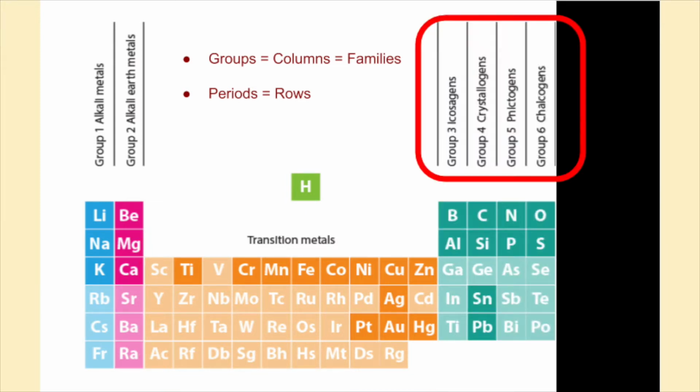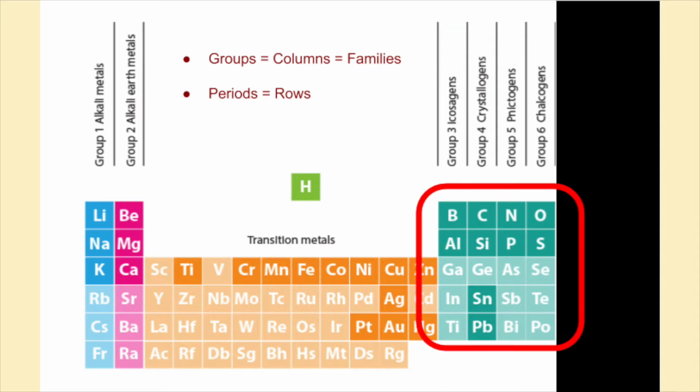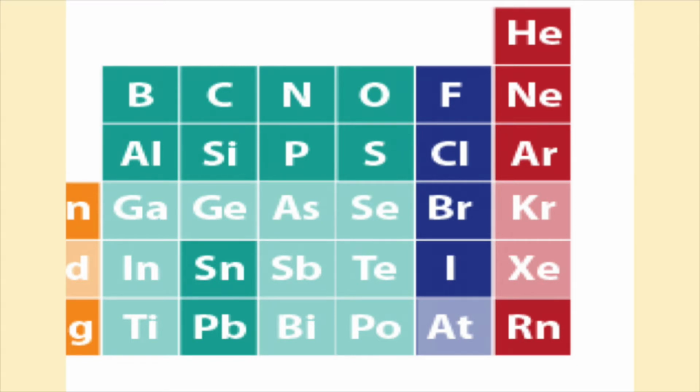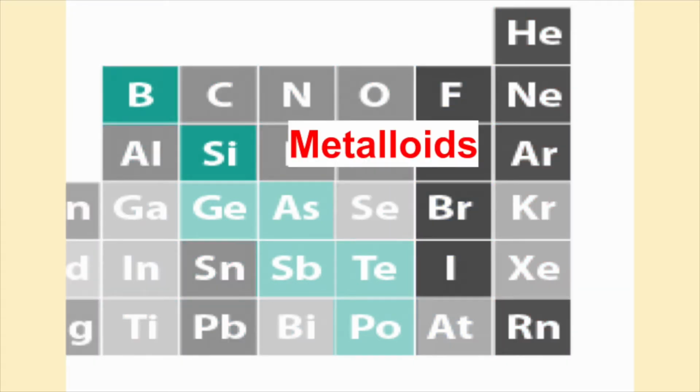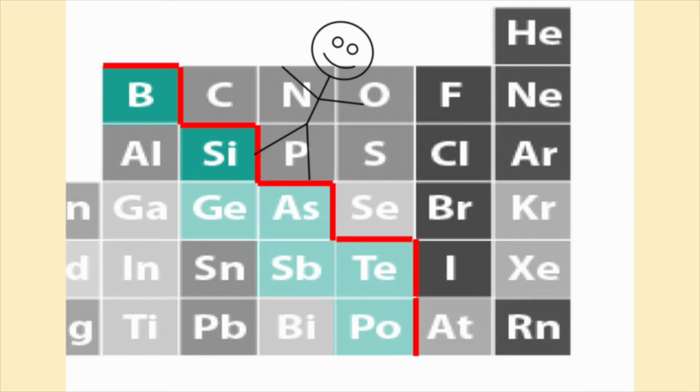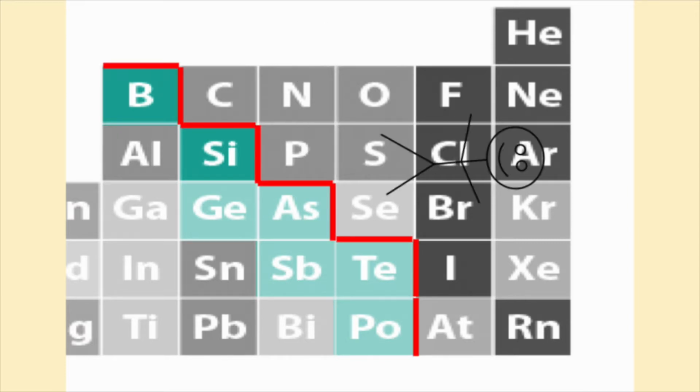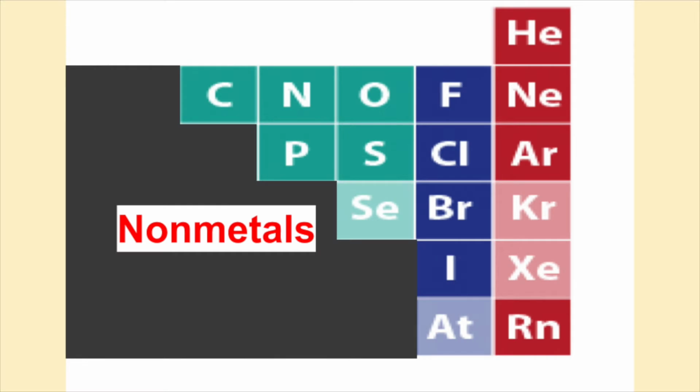Instead of going over each column by itself, we're gonna look at the more general names for these. Here is this block up close. First we have the metalloids. Where they are is actually really easy to remember because they make up stairs. Ouch! These are nonmetals. The second last column has a special name for them.